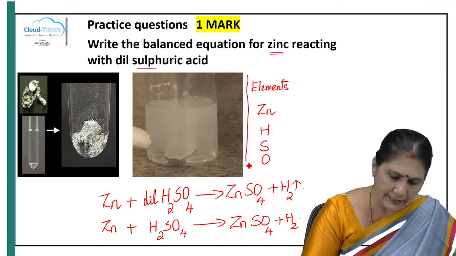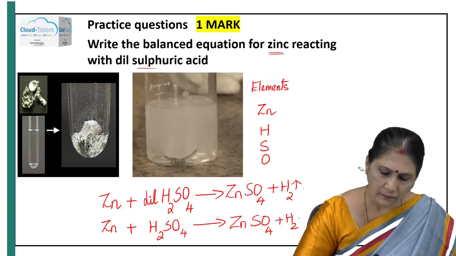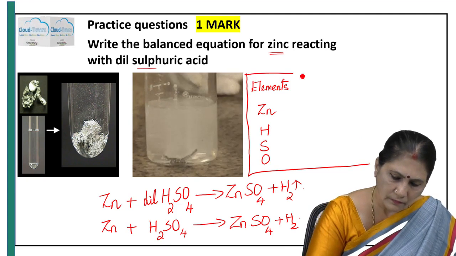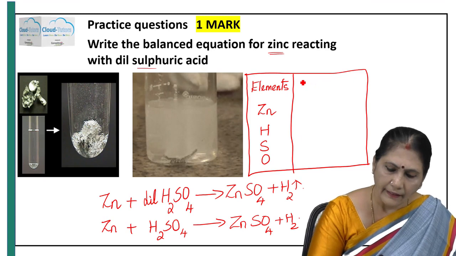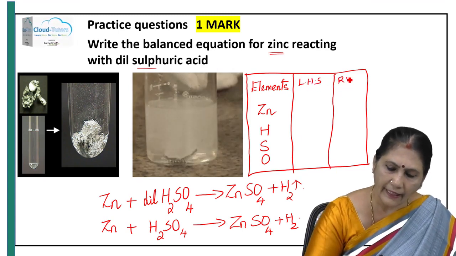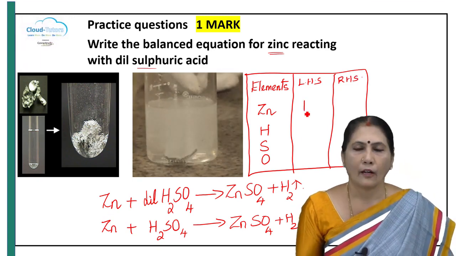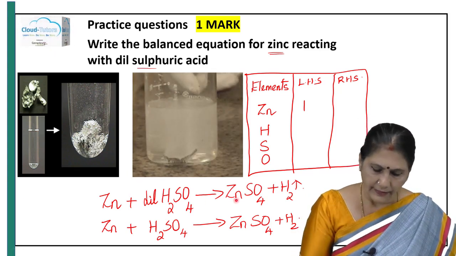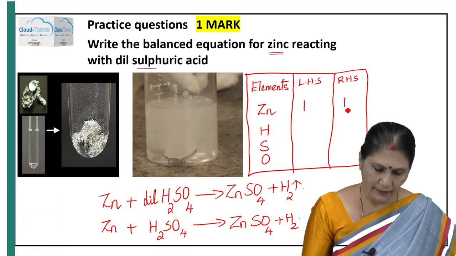Now, I will just draw a rough box, and then write left hand side and then right hand side. Now zinc is 1 on the reactant side. On the product side, zinc atoms are 1. So I will write 1.